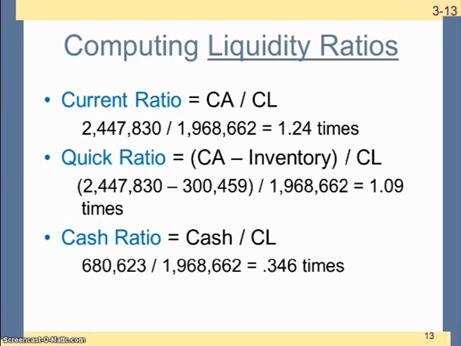A strong cash ratio is useful for creditors when deciding how much debt they would be willing to extend to the asking party, the firm. Cash ratio of 0.346 times shows that most probably this firm is unable to completely pay off its current liabilities balance with its cash.